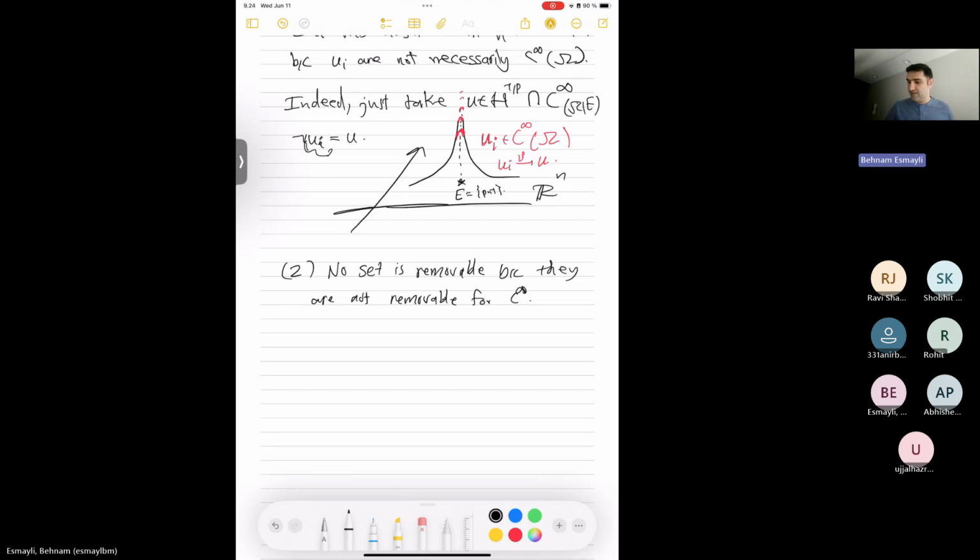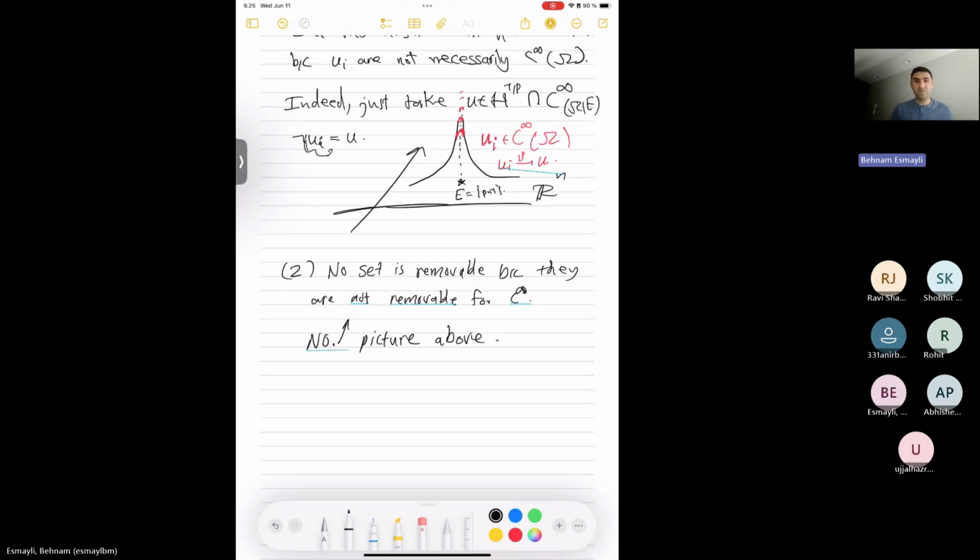Smooth functions are dense in H^{1,p}. So if something was removable for Sobolev, it should be removable for them. But as my picture just illustrated, some sets, singletons, for example, are removable.